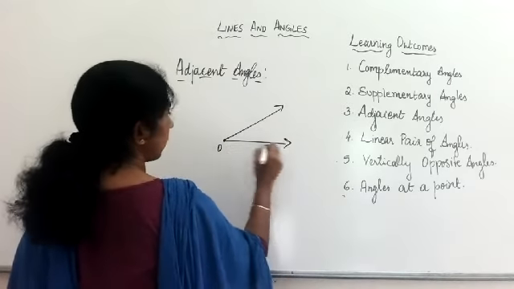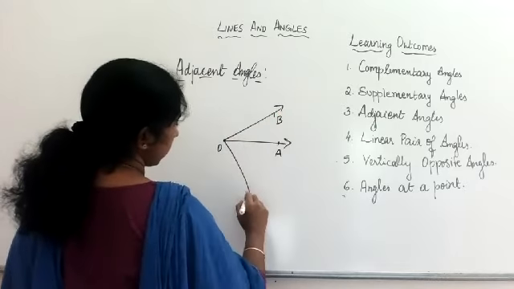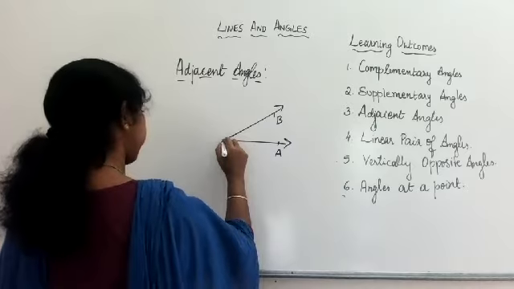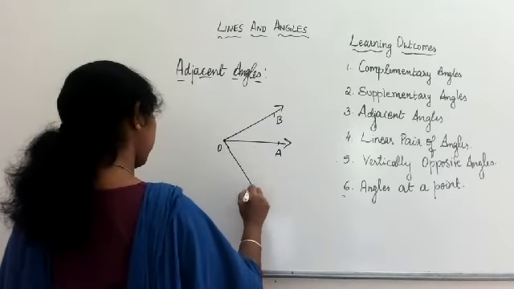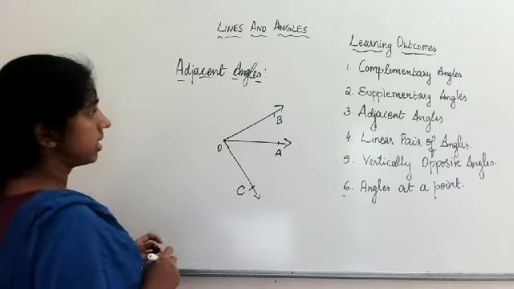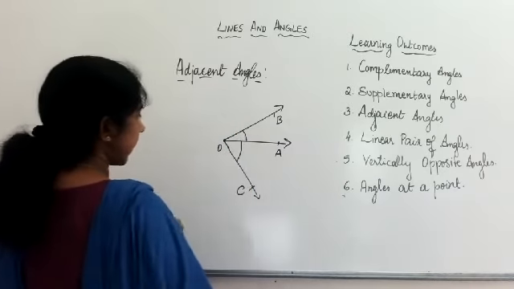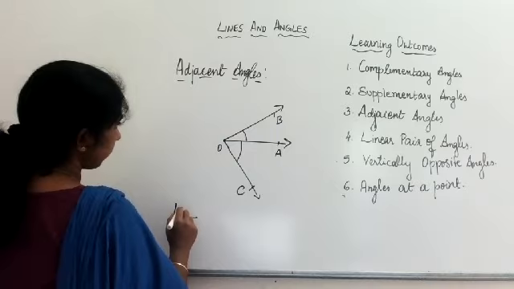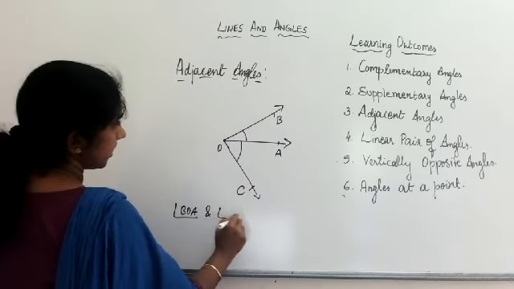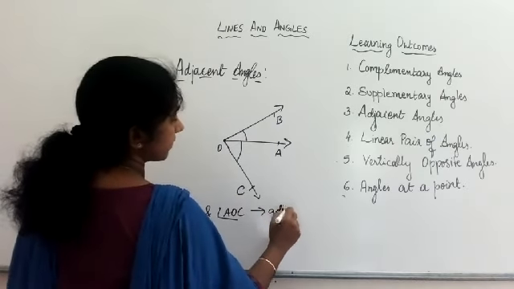Here it's A, here B, and here I'll draw C. O, A, B, C are the points. Now, these two angles are said to be adjacent angles, that is, angle BOA and angle AOC.